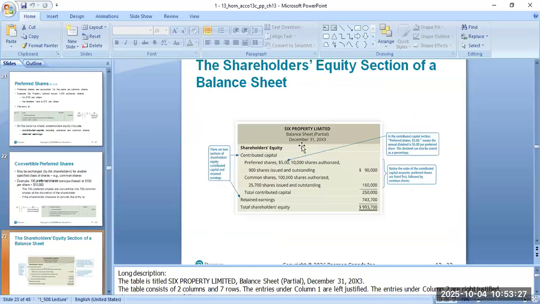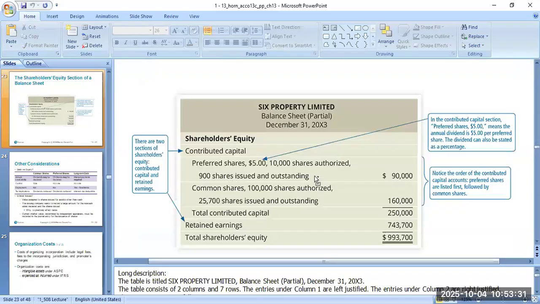On the statement of the owner's equity, again, we're going to see contributed capital and retained earnings. In the section of the contributed capital, first come preferred shares. Why? Because they're higher than the common shares. Whatever is higher, whatever is more liquid, goes up.